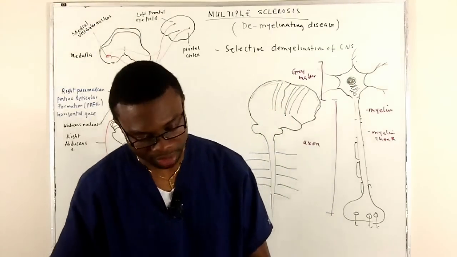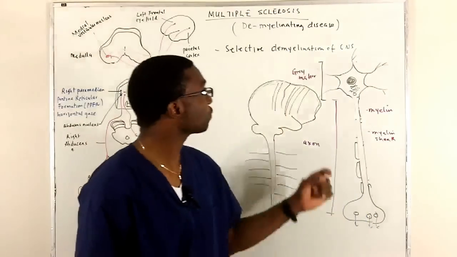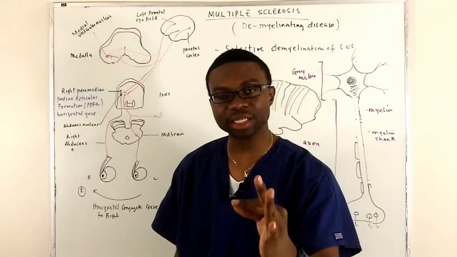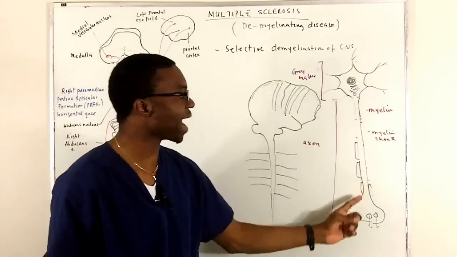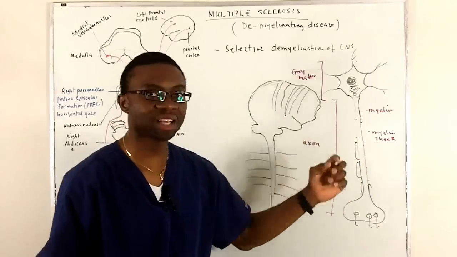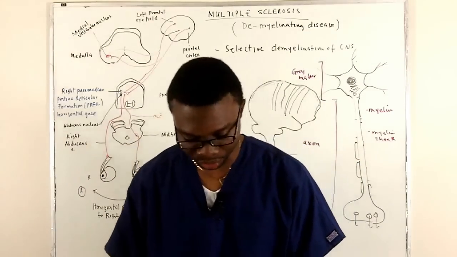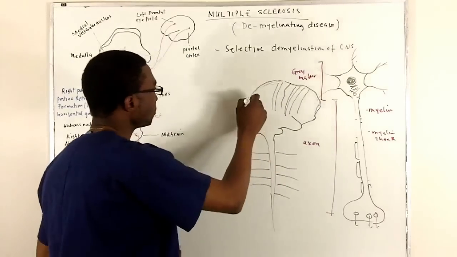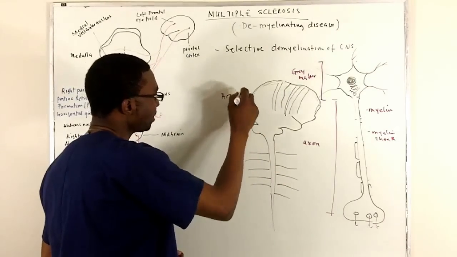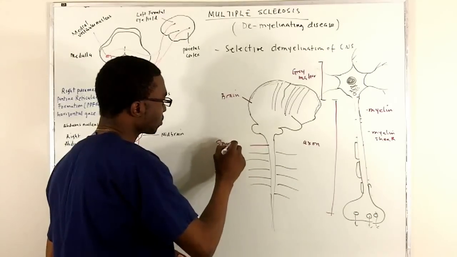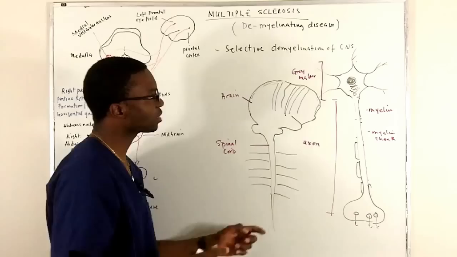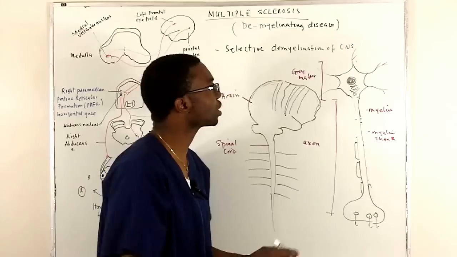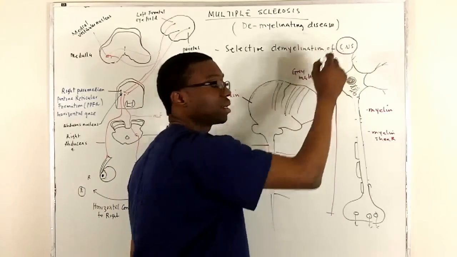So therefore, demyelination of multiple sclerosis is strictly restricted to the white matter, which is the axons of the neurons. And this affects both the brain and the spinal cord, because these axons run through the brain and also the spinal cord, which makes up our what?